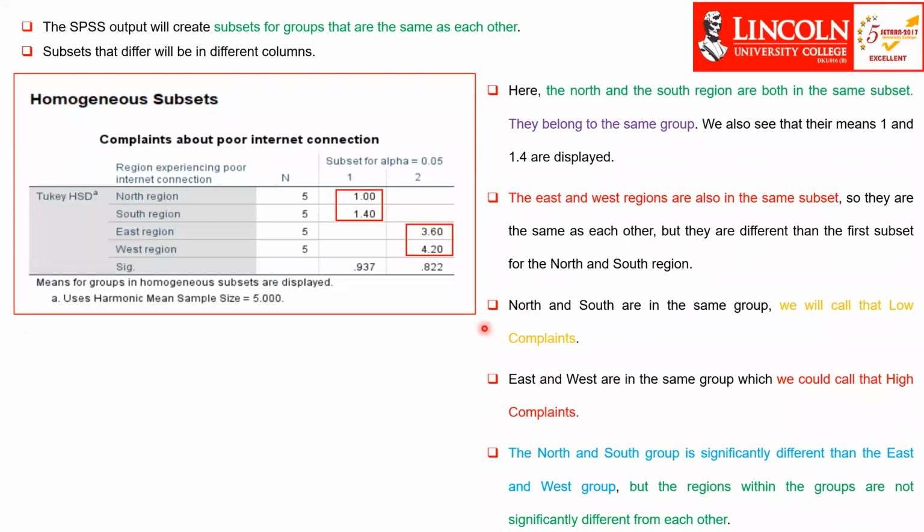But the regions within the groups, this is a group, and this is one region. These are the regions within this group. It may not necessarily be two, okay? It may not necessarily be three. It may be four, it may be five, depending on the number of regions you are trying to group, or the number of categories of groups you have defined.